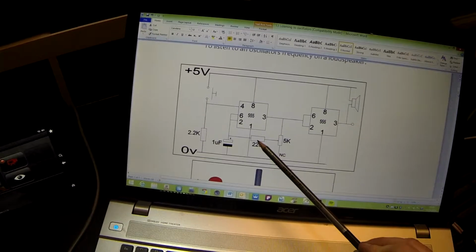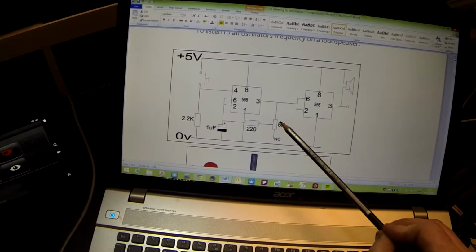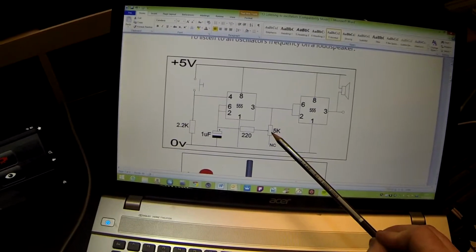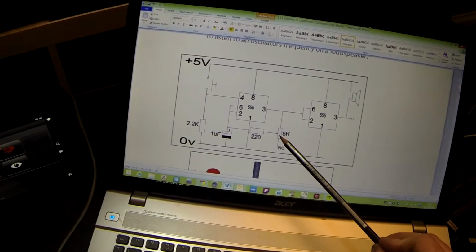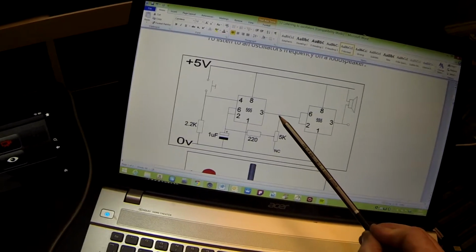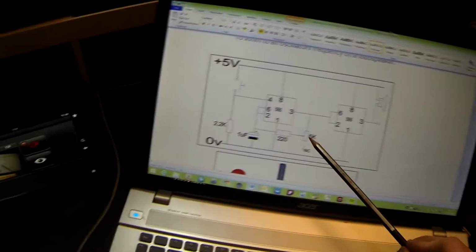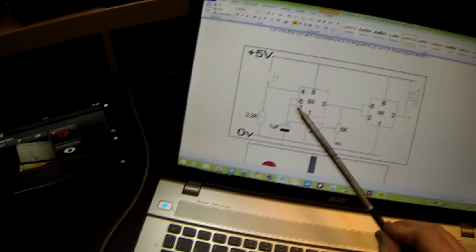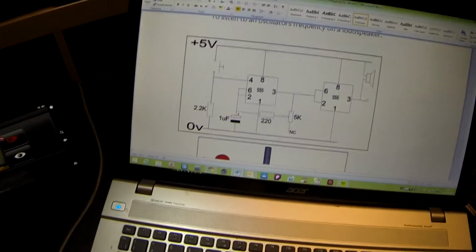So we can replace the 220 ohm resistor and the 5k resistor with our LDR. So if we take both these components out of the circuit and put the LDR in from pin 3 back to our pin 2, pin 6, that should do the job.